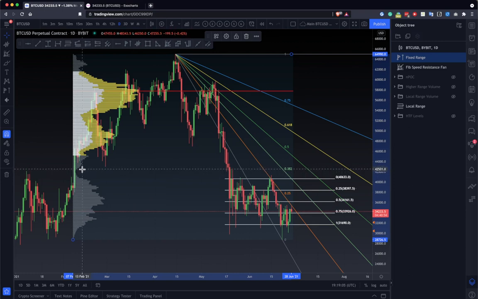It's a heavy resistance. Someone needs to buy aggressively at these prices in order to break this level. Otherwise, it's not easy. It's a short region.